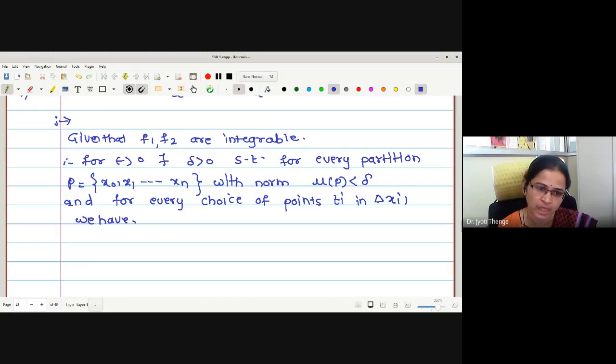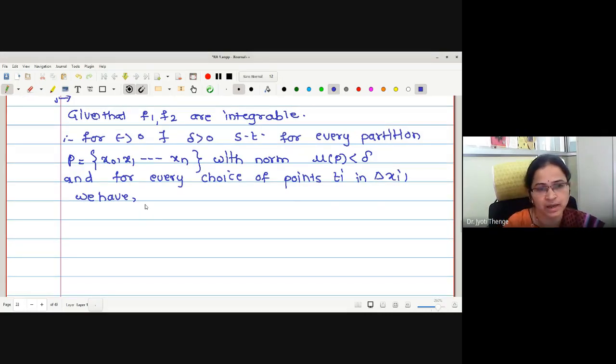What is the second definition of integrability? Limit S(P, f) is equal to integration. But here while proving this result, we are going to use the modulus definition. What is the modulus definition? Mod of S(P, f1) minus integration a to b f1 dx is less than epsilon by 2.